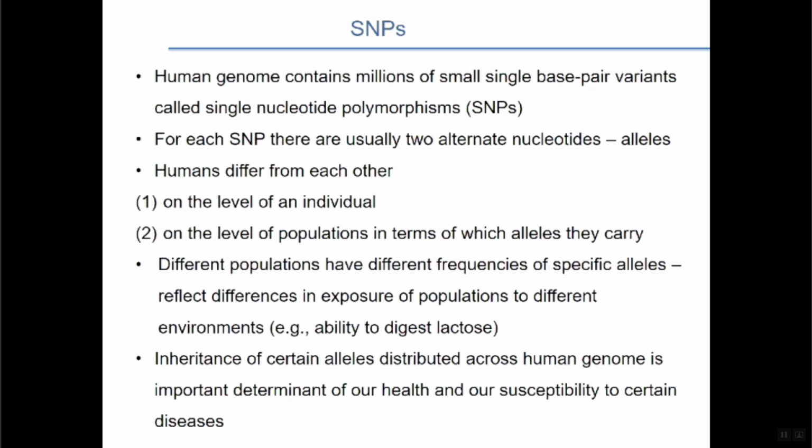So normally SNPs are mutations if you want, but I wouldn't call them mutations because they're actually not dangerous in that sense. They can't cause a disease. They're just variations that everyone has. Skin color, eye color, things like that are SNPs. Different people have different SNPs, and that can lead to those things that I just said. And on the level of populations, they can carry different SNPs as well.